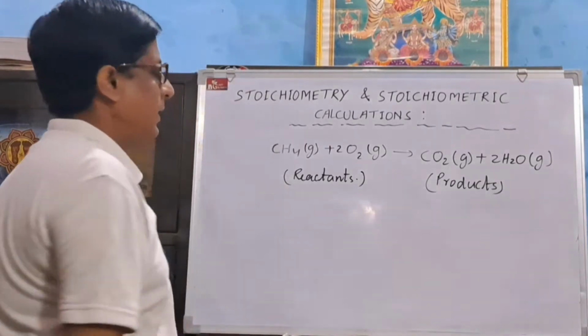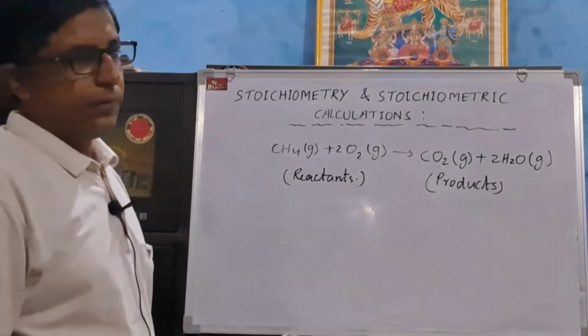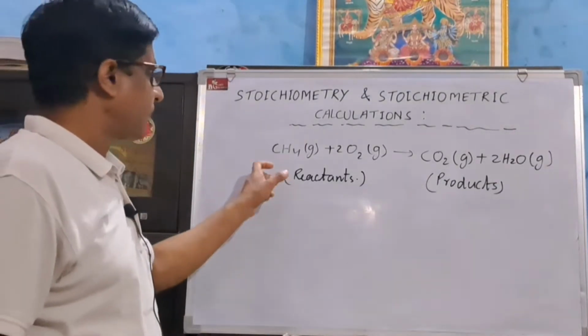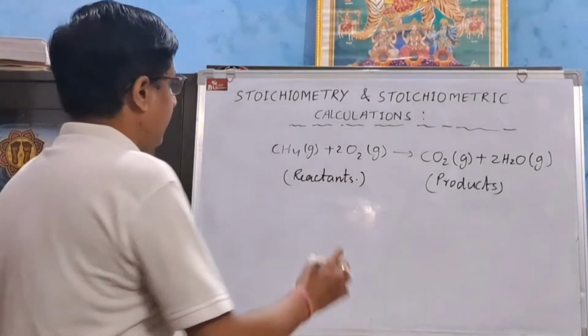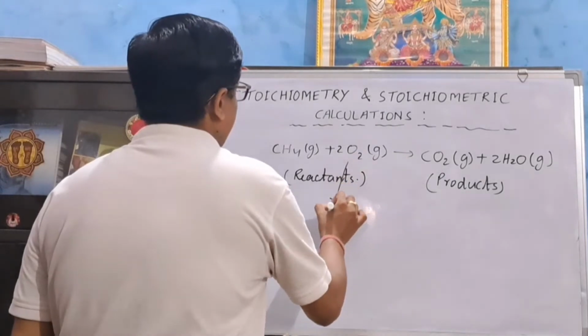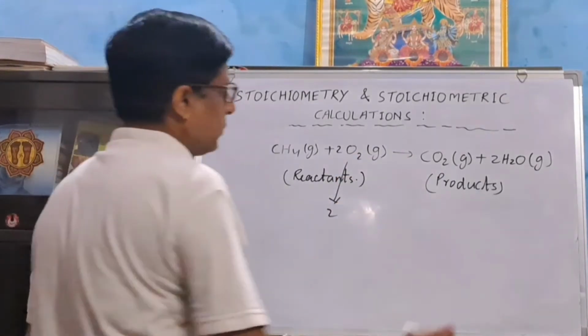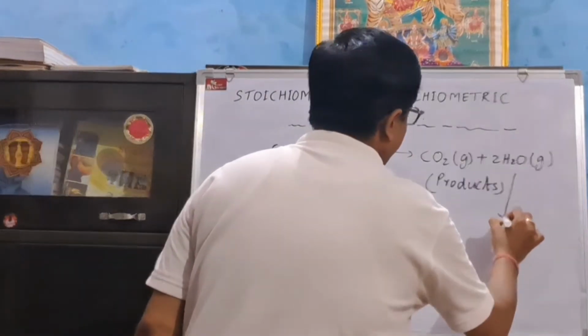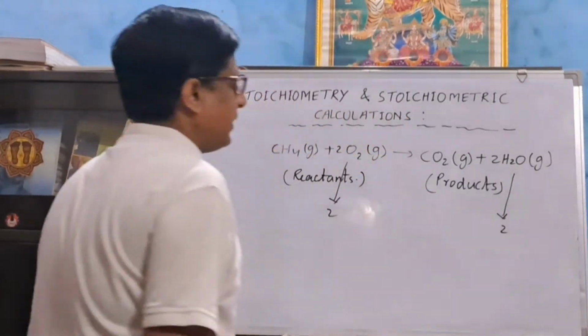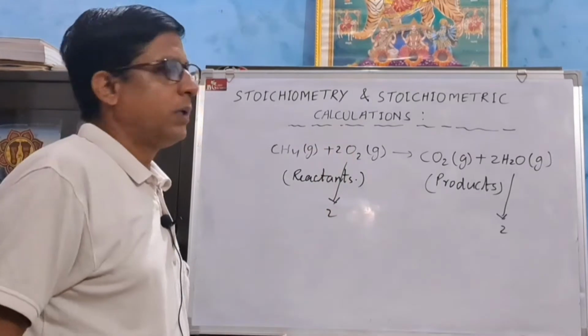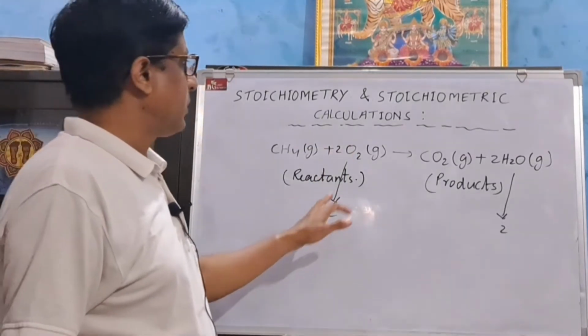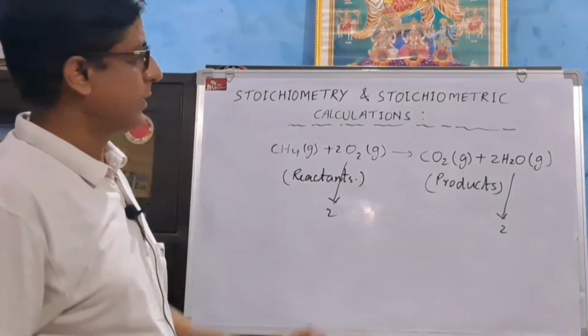Now, from this chemical reaction, we can see that the stoichiometric coefficient for oxygen is 2, and also for water the stoichiometric coefficient is 2. It means that 2 molecules or 2 moles of oxygen reacts.